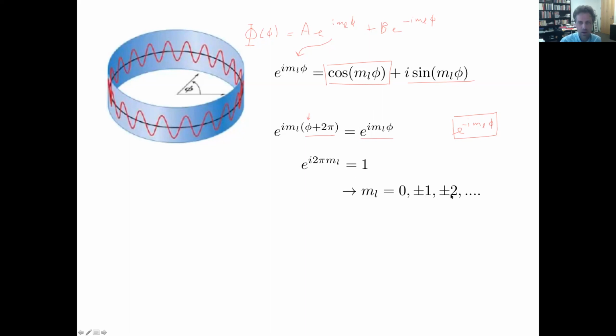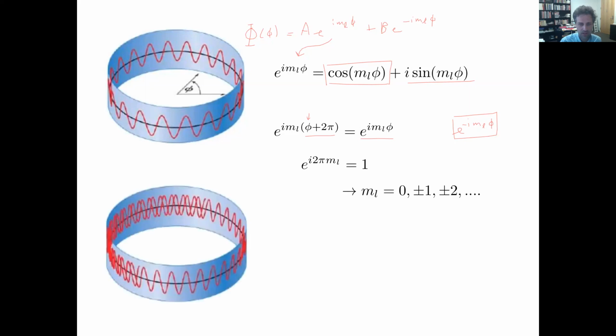So that means now I have found my wave function. To illustrate, if ml is not an integer, it will spin around and not meet up with itself. That means it's not single valued. So the wave function is not single valued if ml is not an integer. That's why this boundary condition is absolutely important.